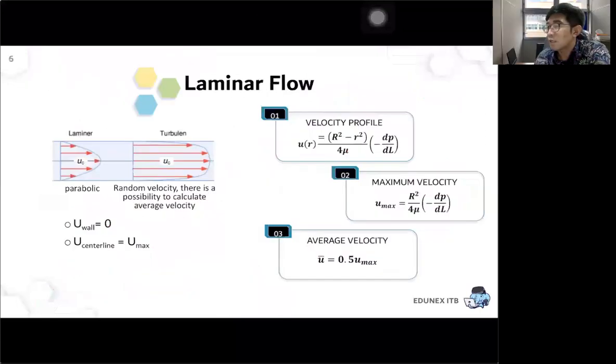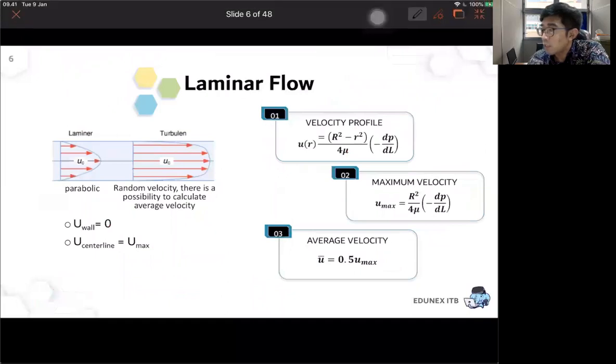Now we will compare the differences between laminar flow and the turbulent flow. So for the ideal laminar flow, the profile will be like this one. It means near the wall, since the shear stress is very, very high, the friction between the most top layer and the most bottom layer with the wall is maximum, there will be no flow, or the velocity at the wall will be equal to 0.